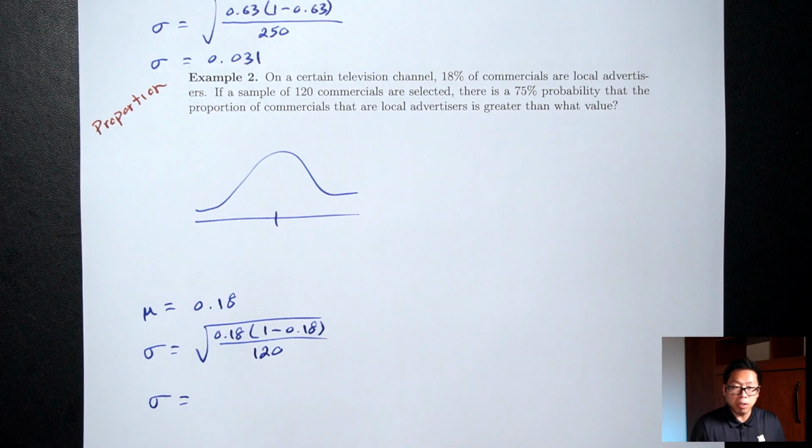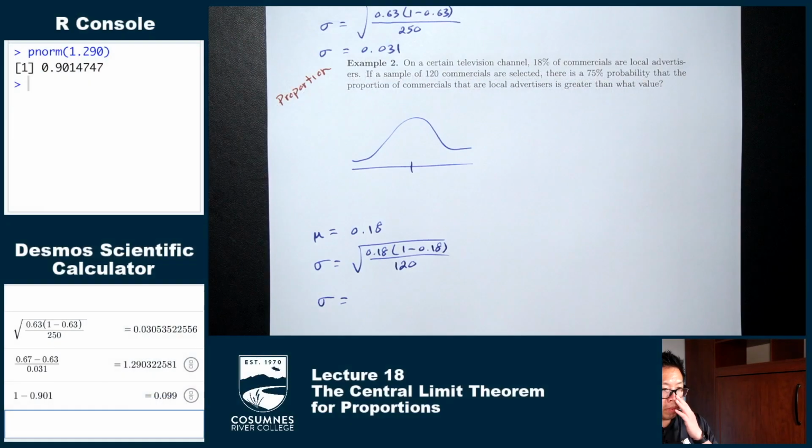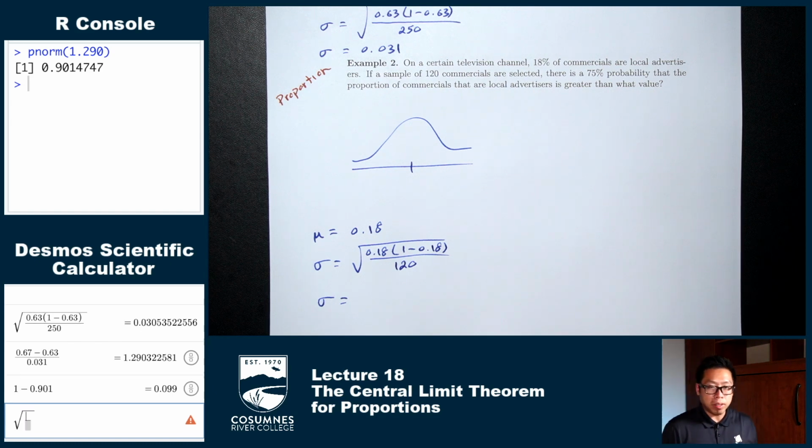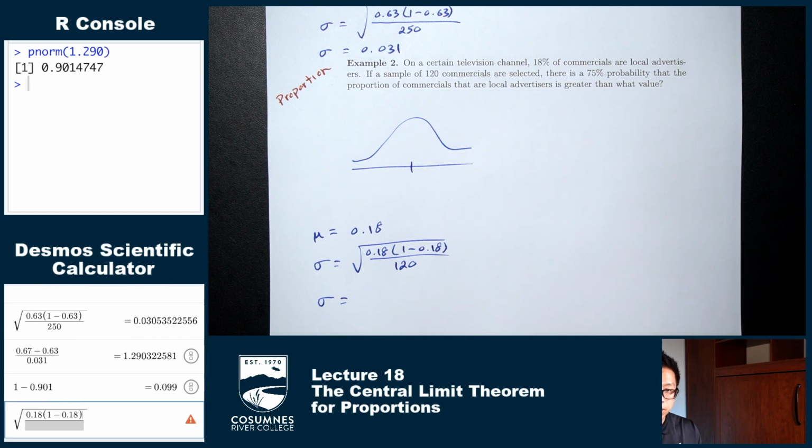Okay, so on our calculator. The best way to do this is click on the square root button first, and then click on the fraction button, which is the a over b. That forces the fraction inside of the square root, and then inside the square root on top, 0.18 times 1 minus 0.18 over 120.